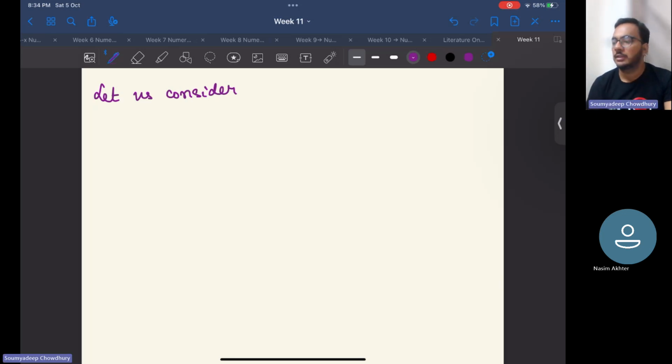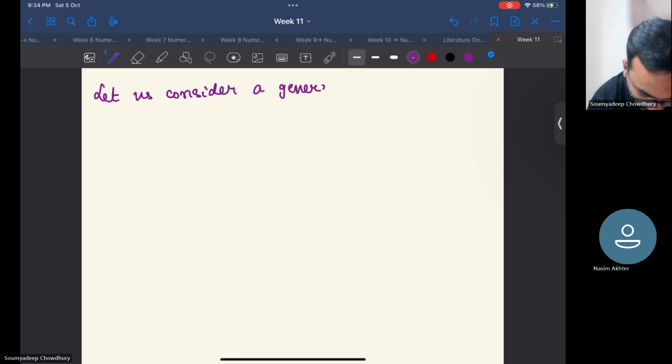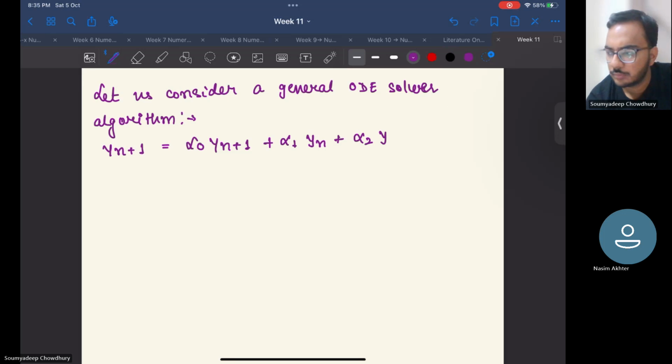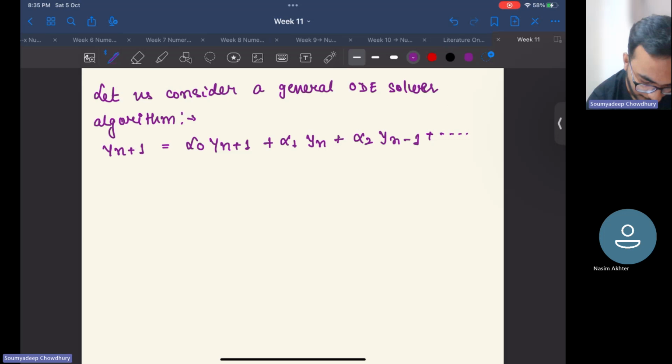So now let us consider a general form of an ODE solver algorithm. First I'll write it down and then I'll explain.